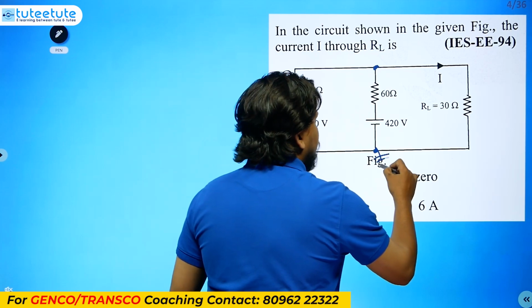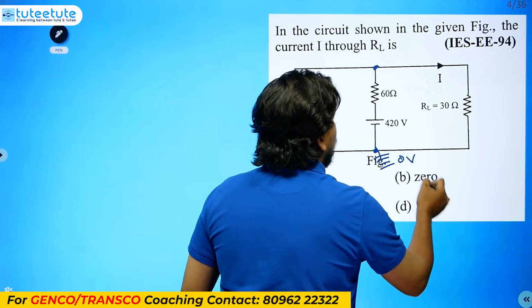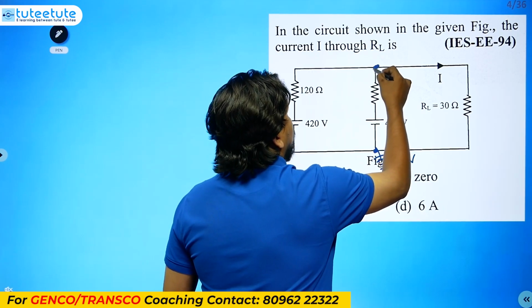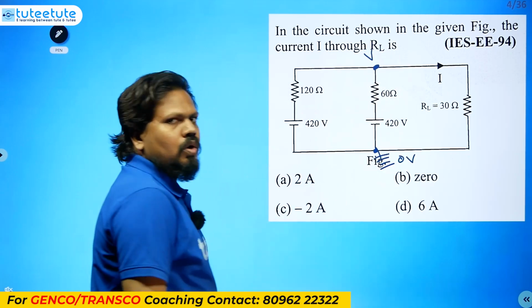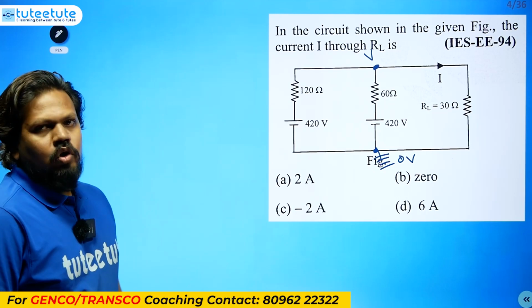I will choose this principal node as the ground node, 0 volts, and I will use this node as the node voltage V. V is the voltage at that node.